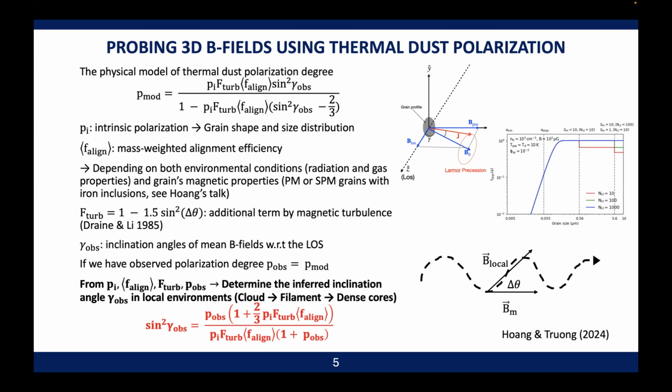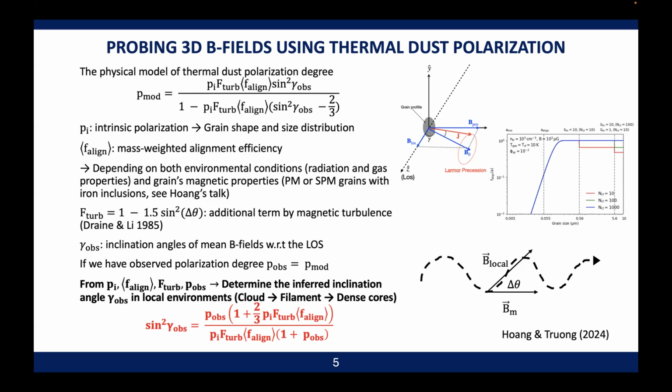Secondly is F_LI. This tells us how efficiently the grain can be aligned with the magnetic field, and this depends on both the environmental conditions, such as the radiation and gas properties, and also the grain magnetic properties, for paramagnetic grains and superparamagnetic grains with iron inclusions. The third one is the factor caused by magnetic turbulence, which we can characterize from the fluctuation of the magnetic field between the local one and the mean magnetic field. And finally, of course, is the inclination of the mean field with respect to the line of sight.